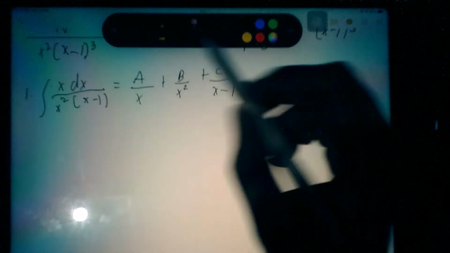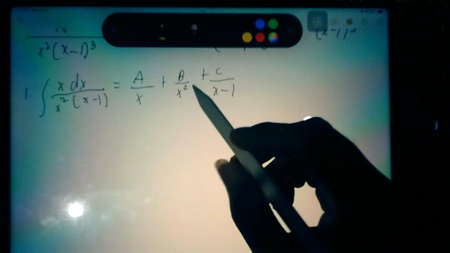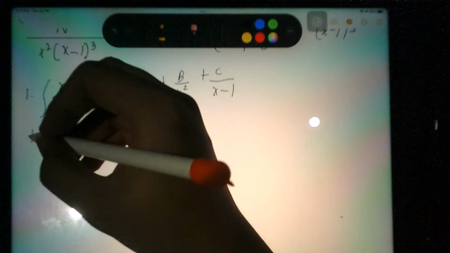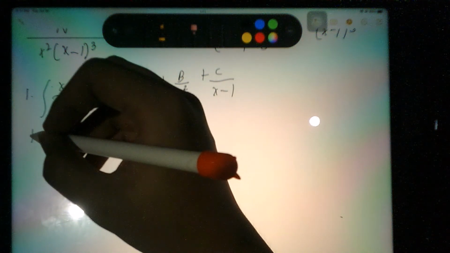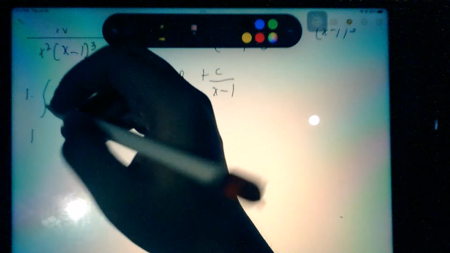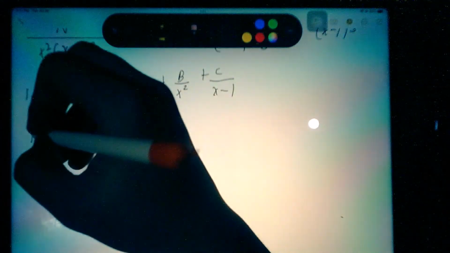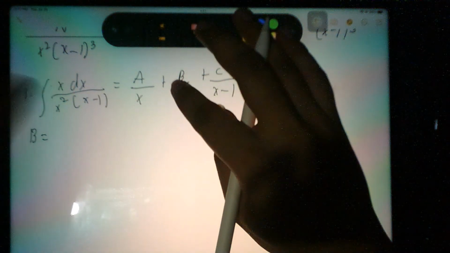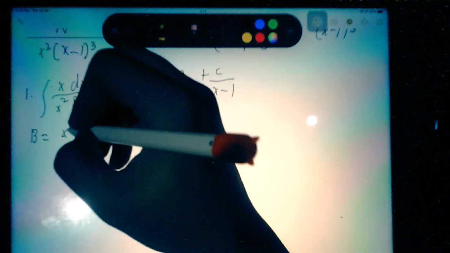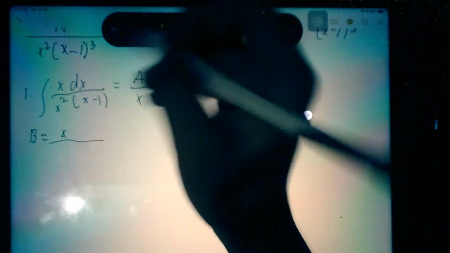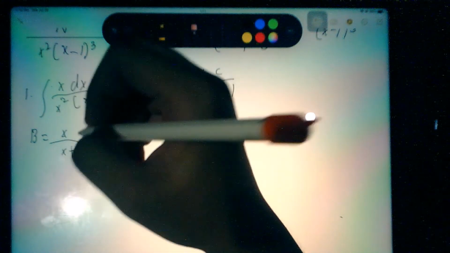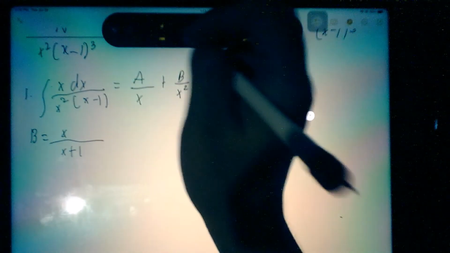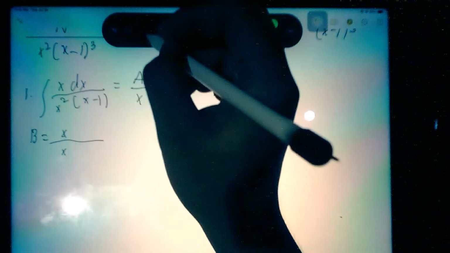So let's put b first. Covering up, this will become x over x plus 1. Right? Oh no, x minus 1. x minus 1.